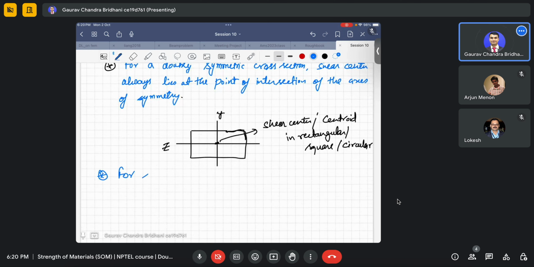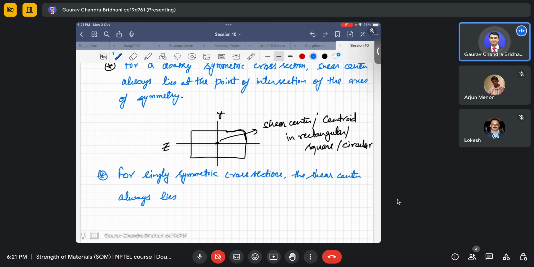And the second thing is for singly symmetric sections. It's just a quick way to locate the shear center. For singly symmetric cross sections, the shear center always lies on the axis of symmetry.